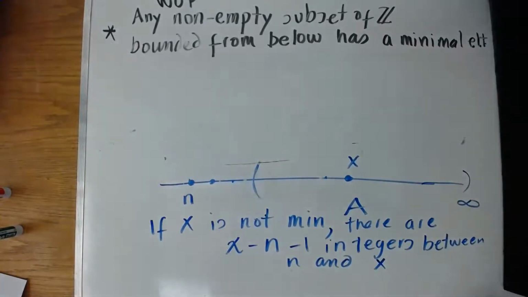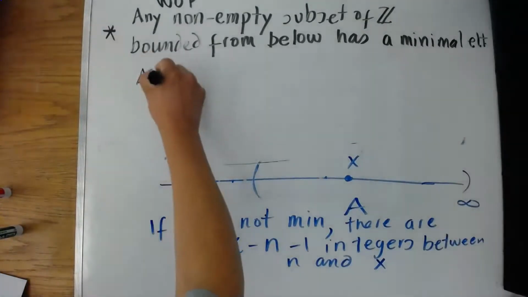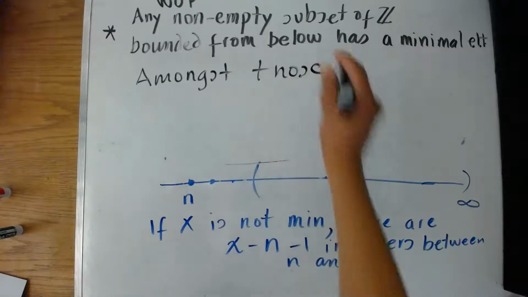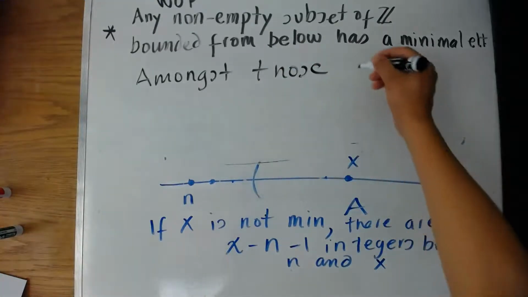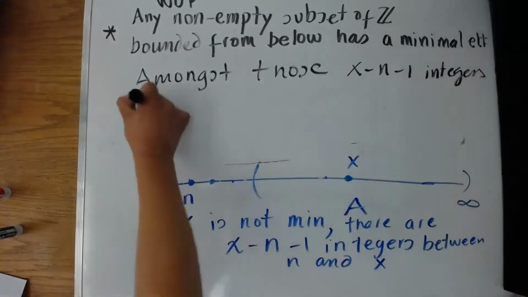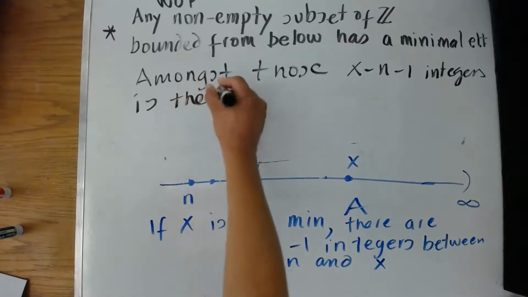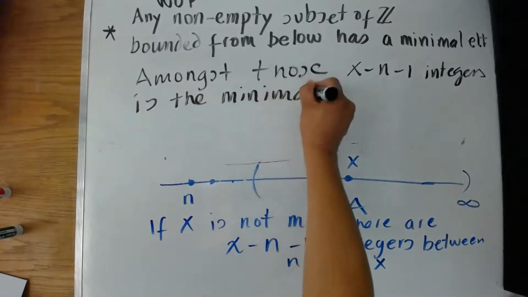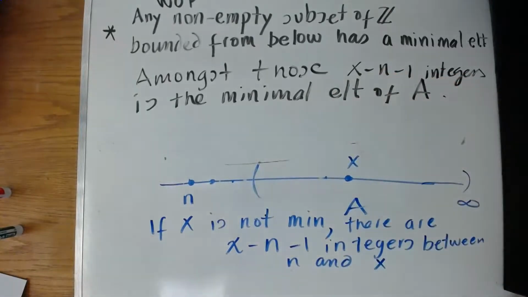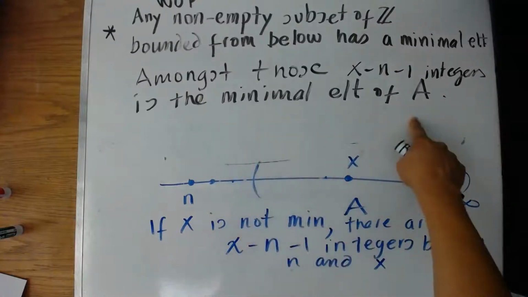Okay, so amongst those x minus n minus 1 integers, is the minimal element of A. Now, if that wasn't the case, what would happen?